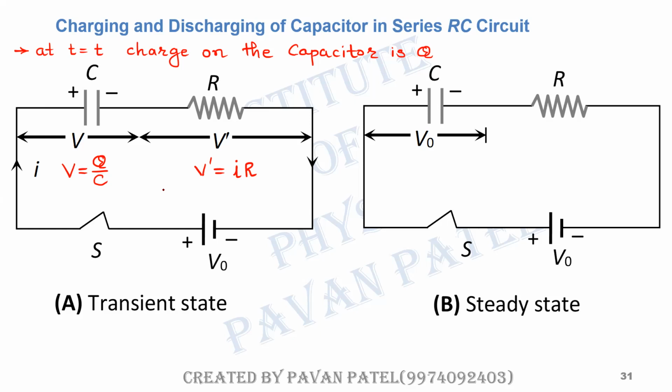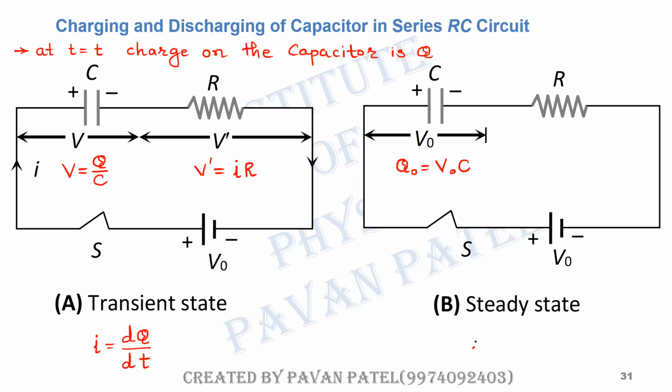Now we all know that I is equal to dq by dt, because charge on the capacitor is continuously changing. So current is continuously changing during the transient state. So I is equal to dq by dt. Okay, and in a steady state, of course, charge is q0, and q0 is equal to v0 into c, right?